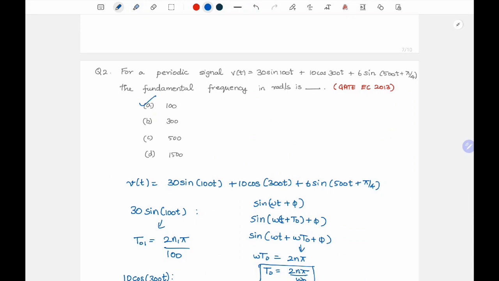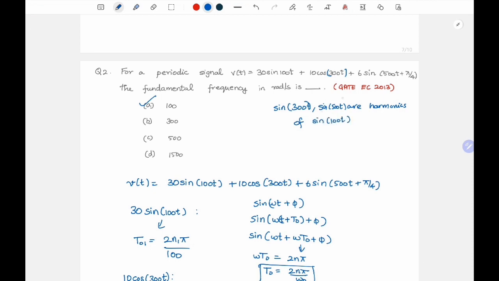So if you have to solve it intuitively and very easily, you can see sine 300t and sine 500t are nothing but the harmonics of sine 100t.